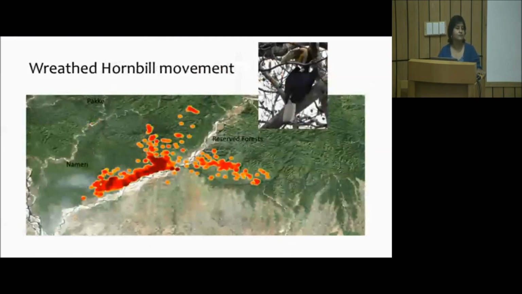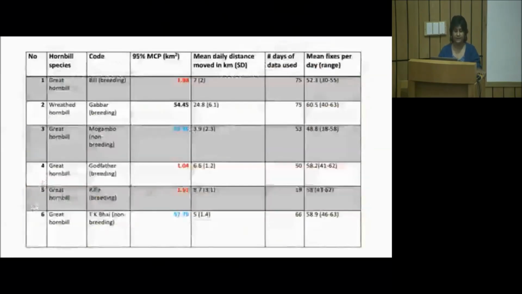The wreathed hornbill moved even more than the great hornbill. This table shows we captured 6 great hornbills and estimated their home ranges. The great hornbill home range in the breeding season was very small, mostly around 1 to 2 square kilometers.